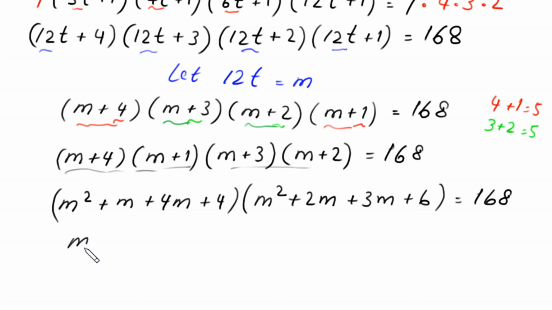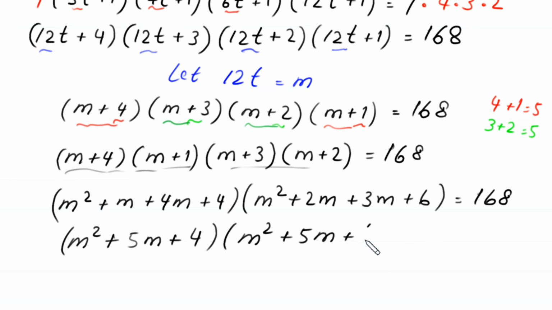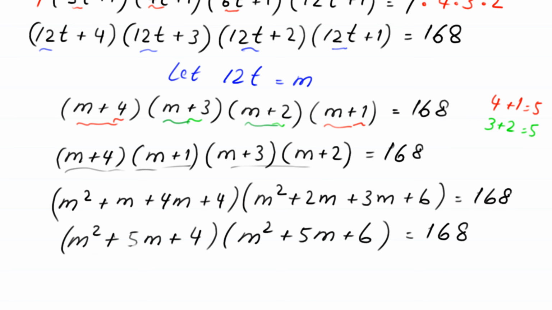Next, m squared plus 1 plus 4m will become 5m plus this 4 times m squared. 2m plus 3m will become plus 5 times m plus 6 is equal to 168.